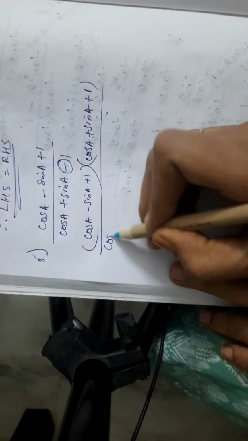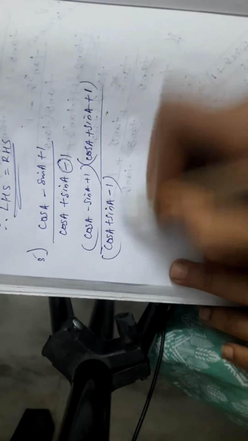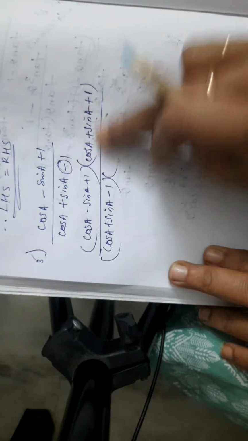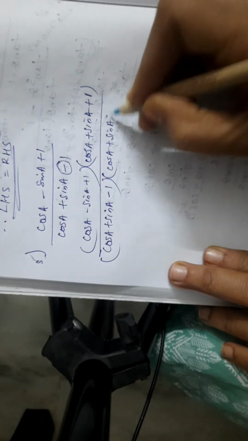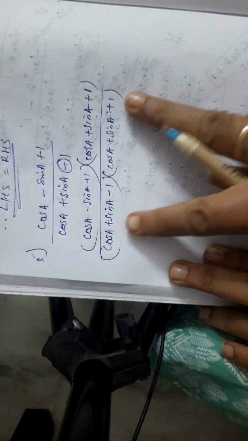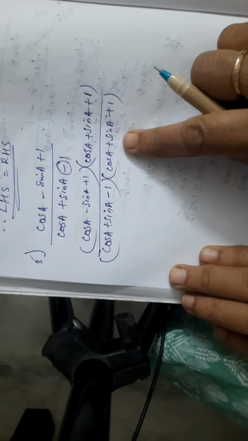Repeat the same denominator, cos A plus sin A minus 1. Whatever we added in the numerator, the same we repeat in the denominator. So this we made the rationalization. We took the opposite sign and multiplied both numerator and denominator.